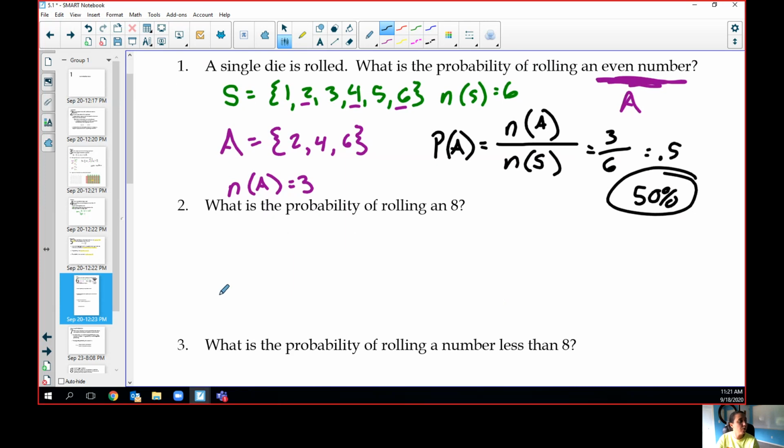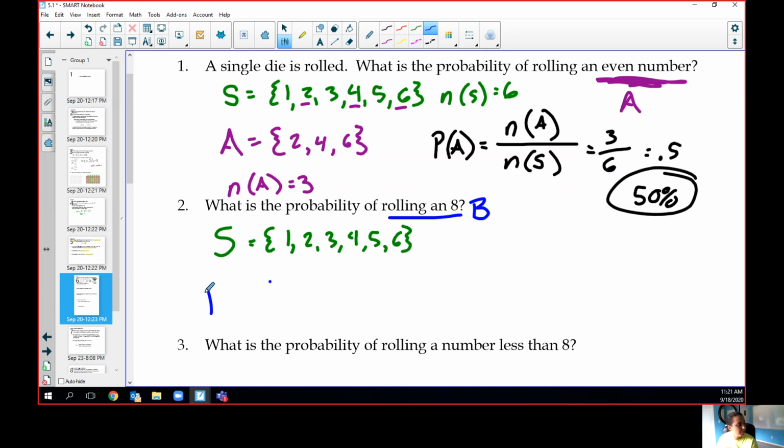Next, we want to know the probability of rolling an 8. I'm going to name that event B so it's easy to talk about. Once again, I know the sample space for the die is 1, 2, 3, 4, 5, and 6.